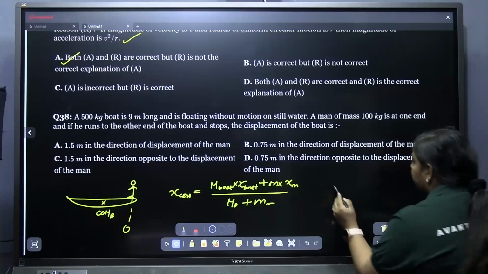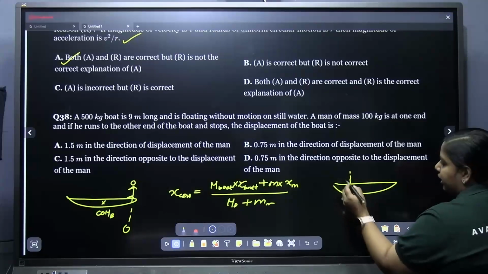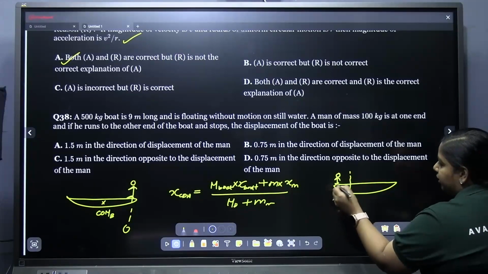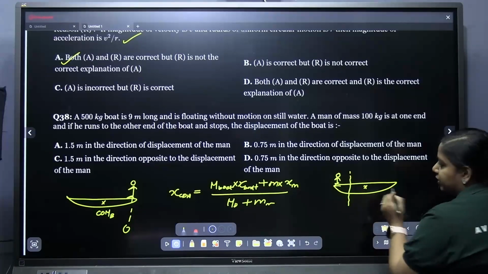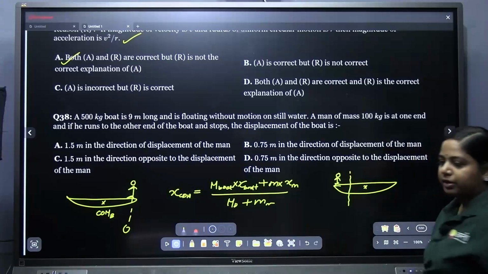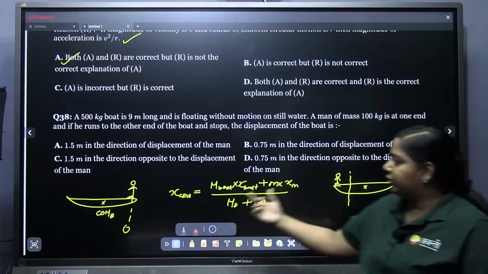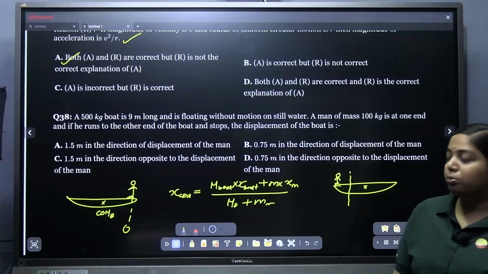So now let's say here was the origin. The man reached this point and the boat's center of mass went to this point. This should be same as the earlier one. Find this, equate it, and you will get the distance moved by the boat.